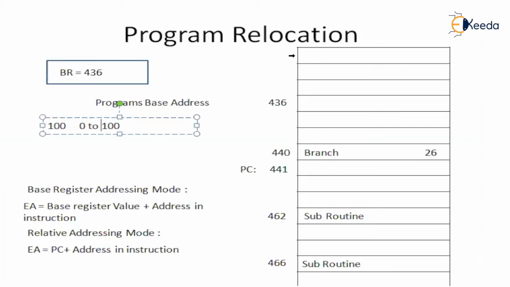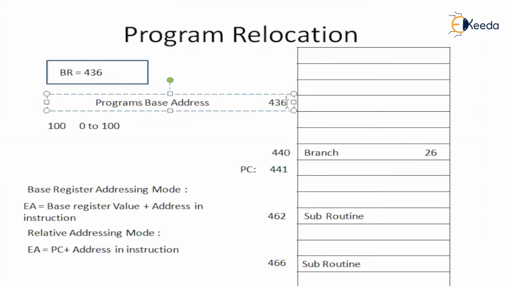Say this program is getting loaded from the 436th location. That is the program's base address. The operating system decides to give the base address, that is 436, from which the program is being loaded.